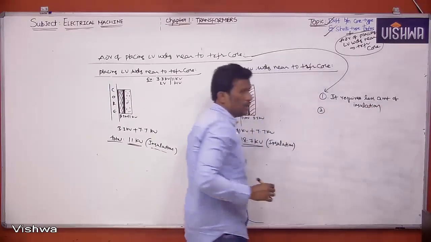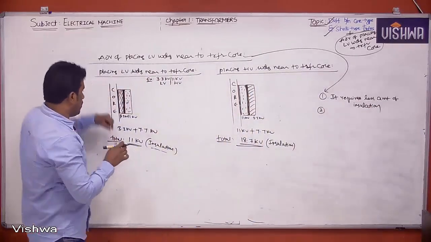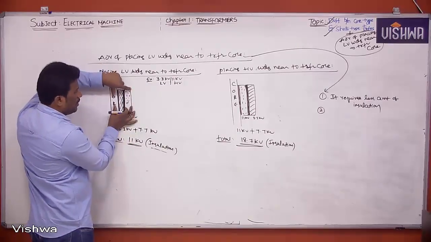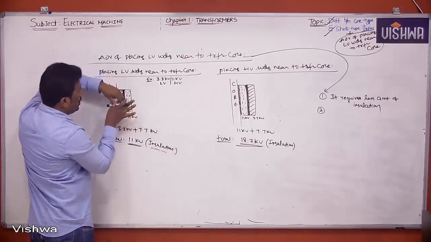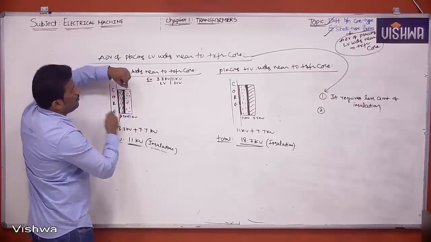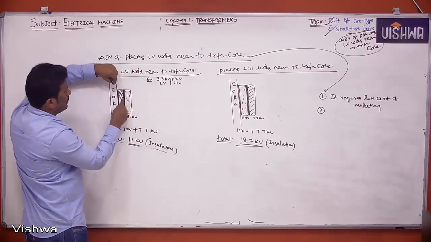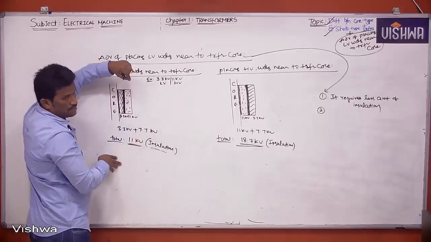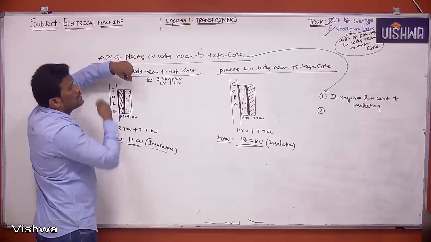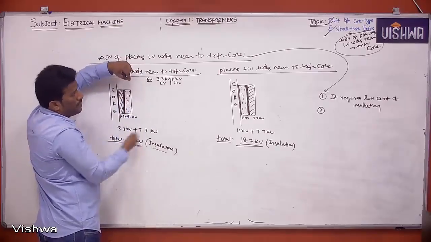Next, second one: the overall requirement of insulation is less here when compared with this case. Whenever the thickness of insulation is less, the requirement of copper material also will be less, and size and cost will reduce.